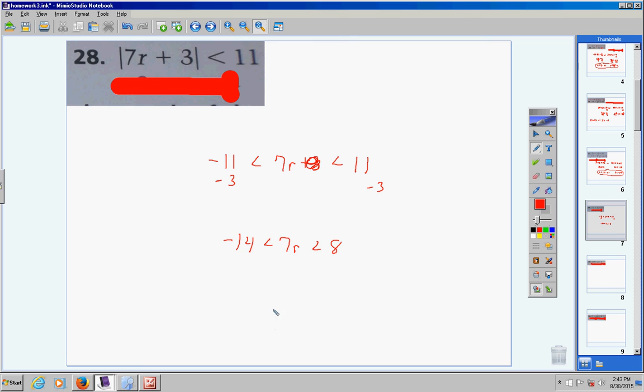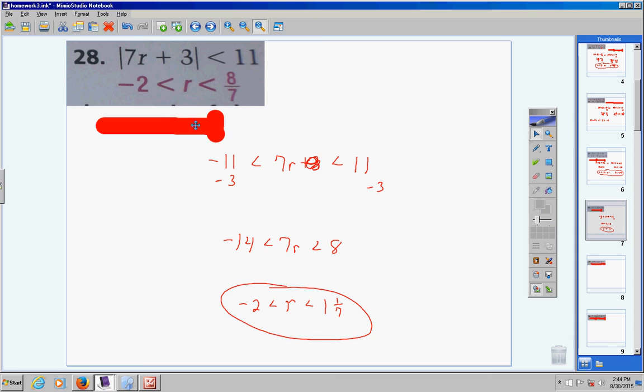Now divide everything by 7. Negative 14 divided by 7 is negative 2. 7r divided by 7 is r. And 8 divided by 7 would be 8 sevenths, or 1 and 1/7. Alright? And let's make sure that's right. And yes, it is.